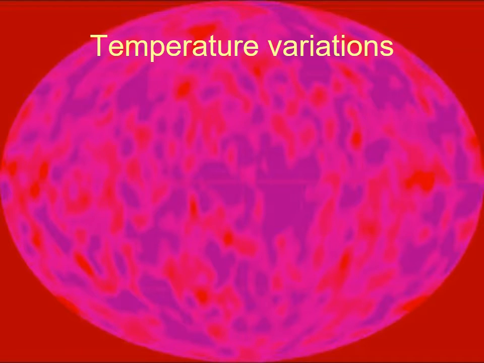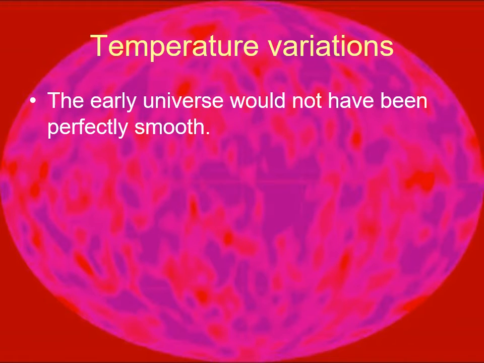Now, there are some variations in there. The early universe would not have been perfectly smooth. There would have been some parts a little bit warmer, a little bit cooler, because it would have been a little bit thicker, a little bit thinner. Where the universe was a little bit thicker, gravity would have been a little bit higher, pulling stuff together.